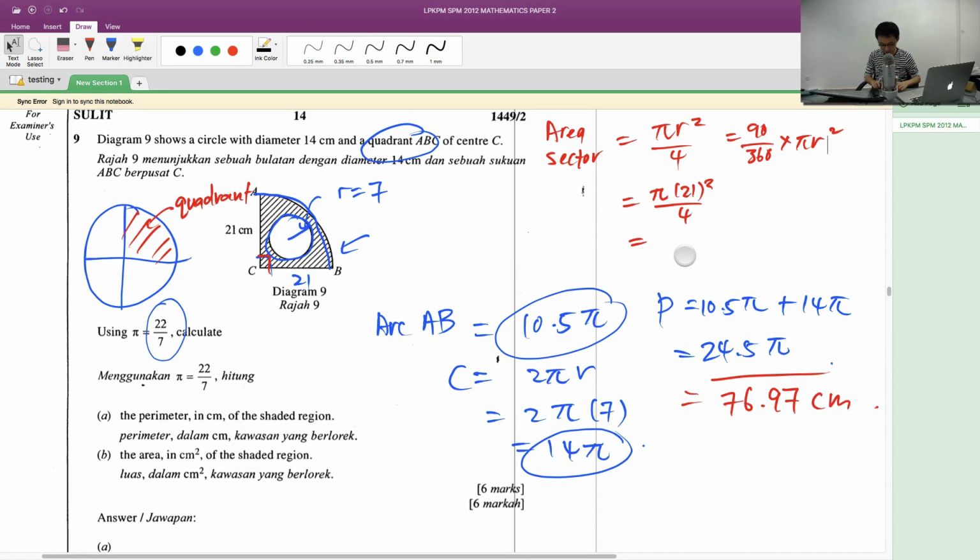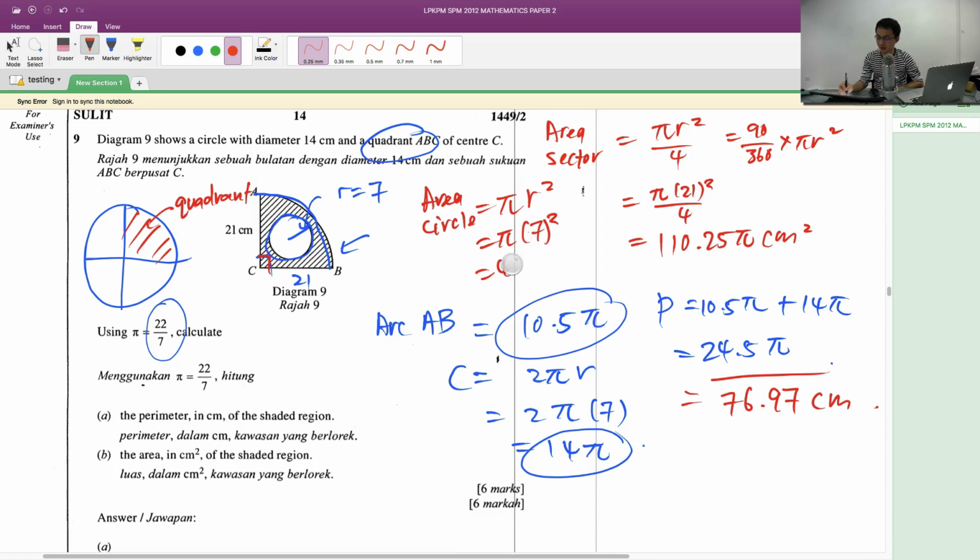So 21 squared divided by 4, and you will get 110.25 pi. This is the whole sector. And then we still need to find the area of the circle. Area of circle is pi r squared. My r is 7, squared, so it's 49 pi.